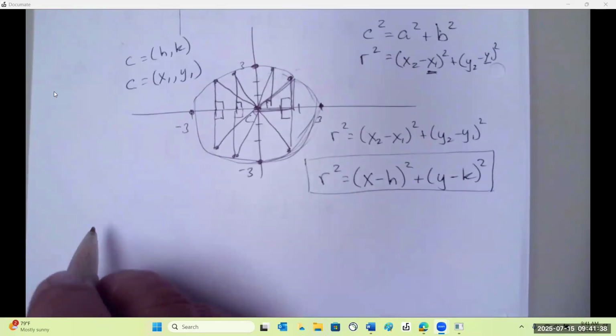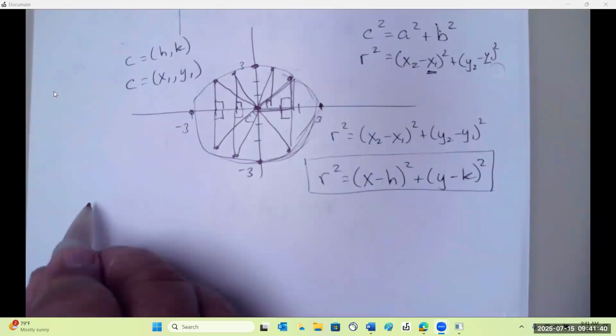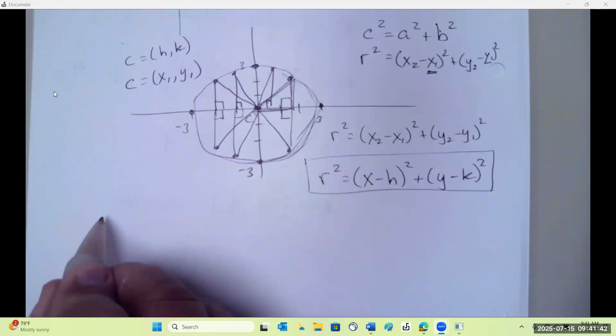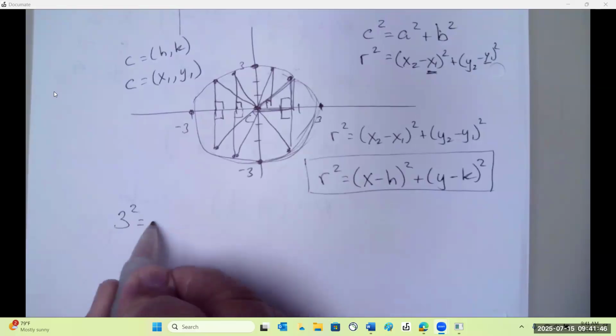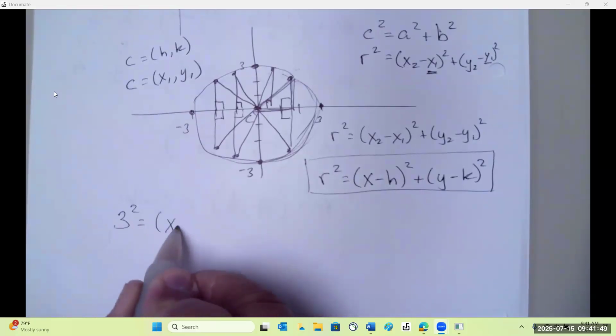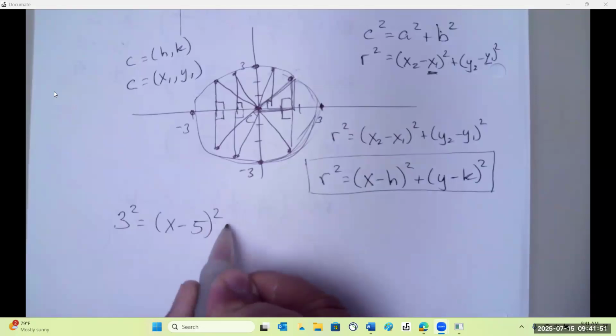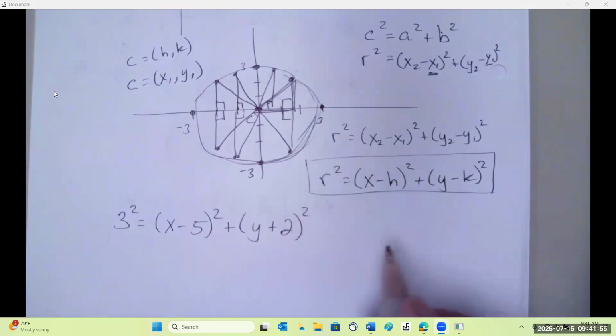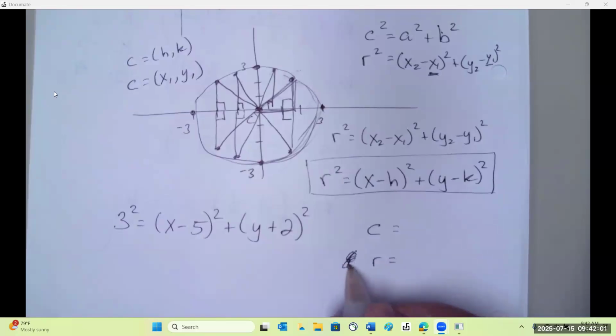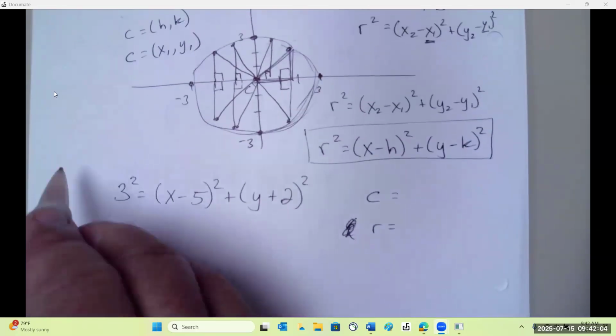So if I give you this, what would the center and my radius be?